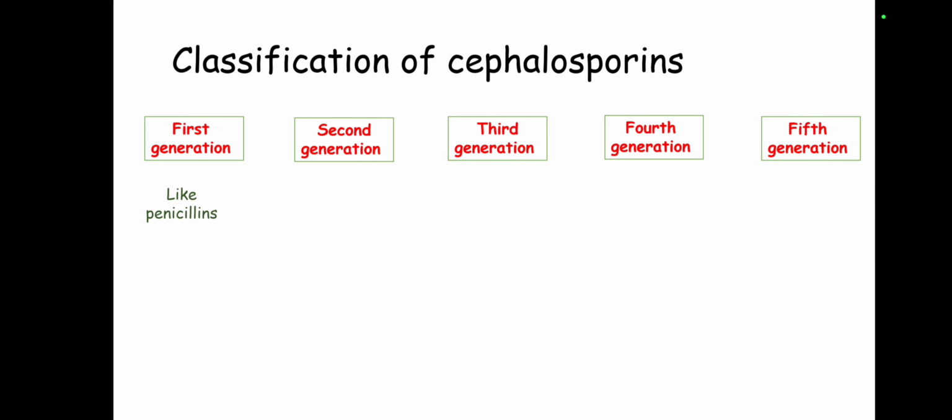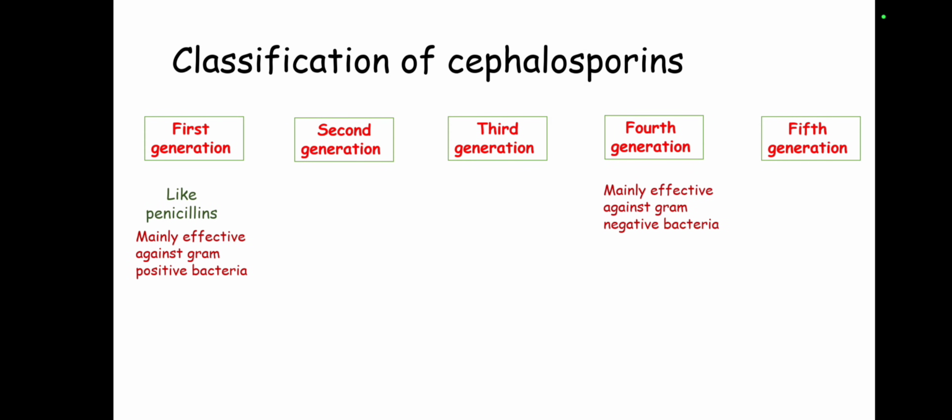Just like penicillin means they will be mainly effective against gram positive bacteria. Now as we move forward from 1st generation to 2nd generation to 3rd generation and to 4th generation, the activity against gram negative bacteria keeps on increasing. That means the fourth generation cephalosporins are highly effective against gram negative bacteria.